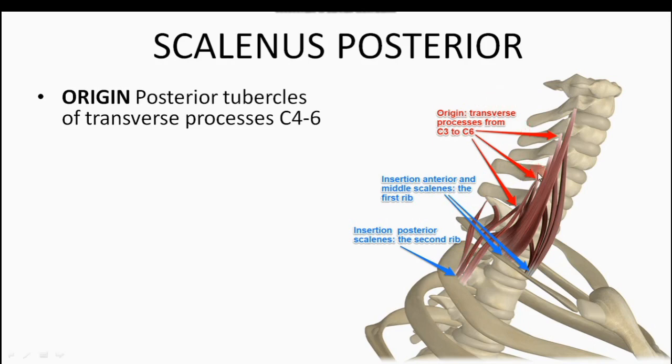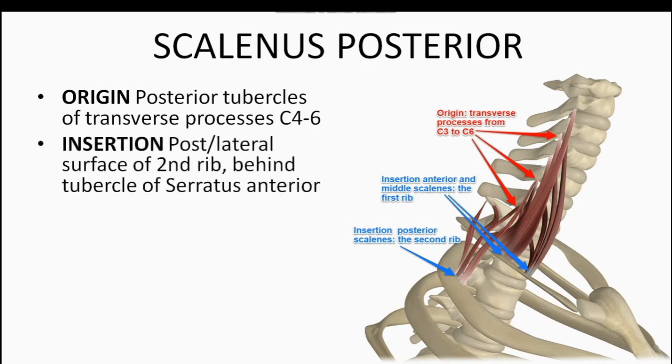We can see here the posterior tubercle on the transverse process of C4, C5, C6, and it inserts on the posterolateral surface of the second rib. This aspect is anterior, this aspect is posterior. So on the posterolateral surface of second rib behind the tubercle of serratus anterior.